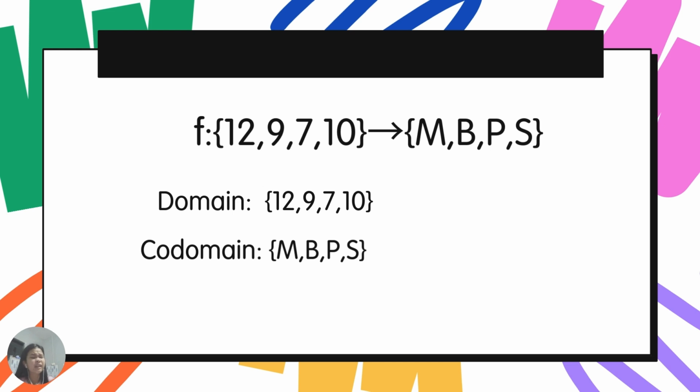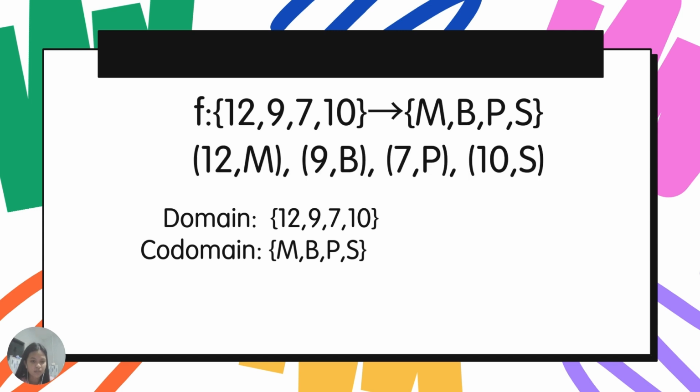Now, we can also write this in an ordered pair to identify the range of this function. So, the ordered pair of this function is 12m, 9b, 7p, and 10s. So you can clearly see right here what the range is.